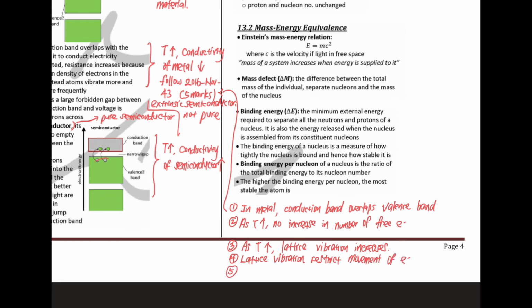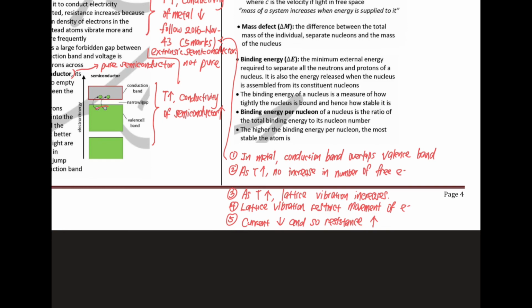And the 5th point, current decreases, because electrons affect the current. Current is charge over time, right? So current decreases, and so resistance increases. Okay, so this is how they get 5 marks.